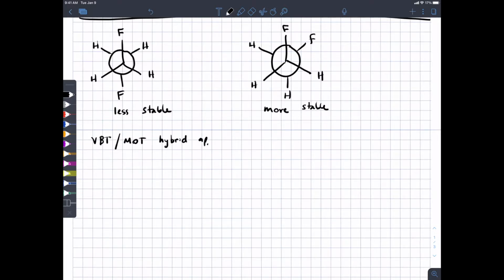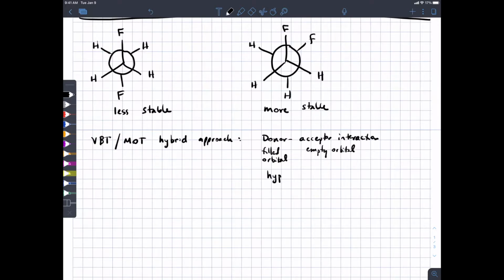And we're going to talk about what are sometimes called donor-acceptor interactions. That's interactions between a filled orbital in the molecule at one location and an empty orbital in another location.